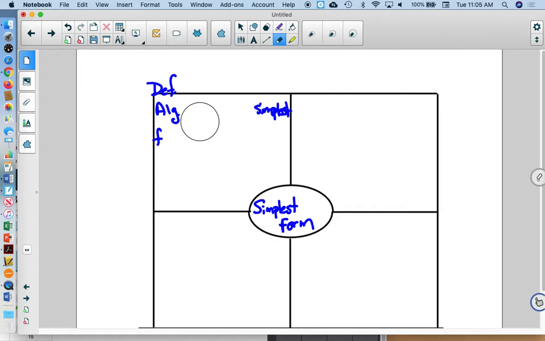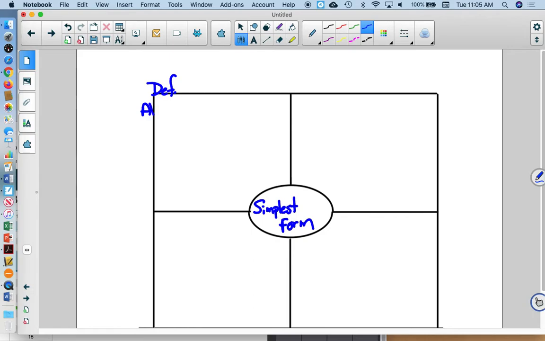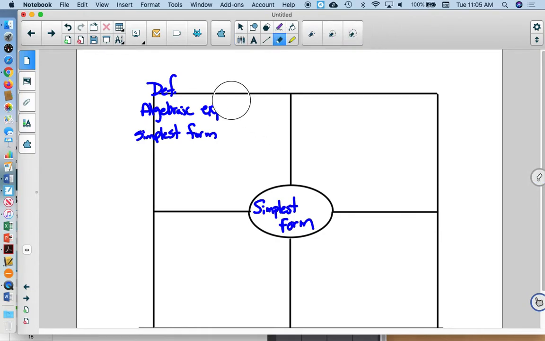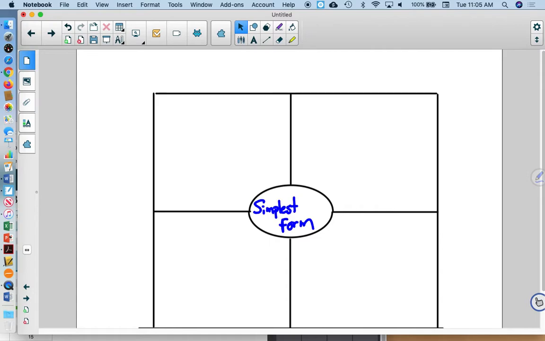I heard an uh-huh, so let me see if I can get this to let me, okay, it's an algebraic expression in simplest. Wait, let me try something. I'm trying to make it to where you can read it better. So let's see if we do this. I've got to figure it out.